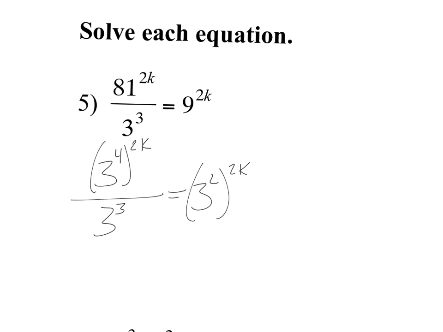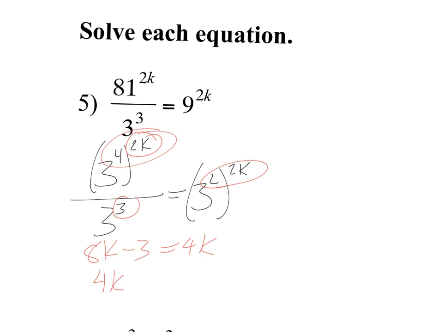If I'm dividing, that means I'm going to subtract my exponents on the left side, so we get 4 times 2k is 8k minus 3, and on the right side we're just going to multiply those two to get 4k. In solving this, I'm going to have 4k on the left and 3 on the right, so k is equal to 3/4.